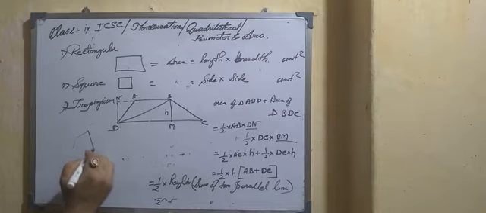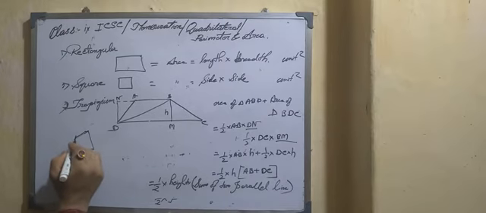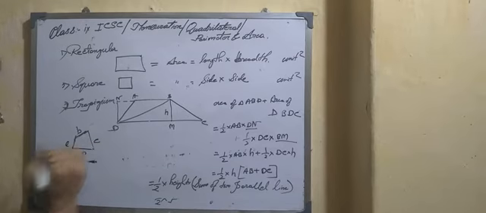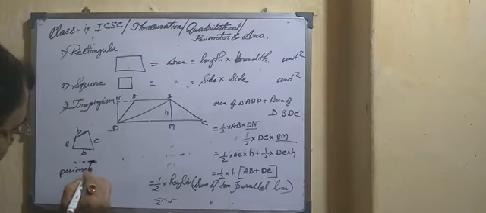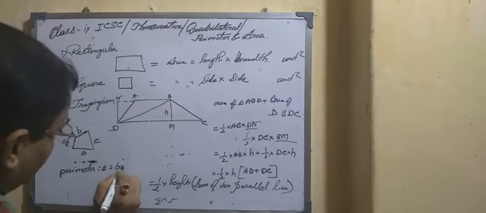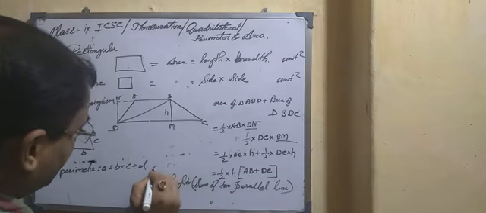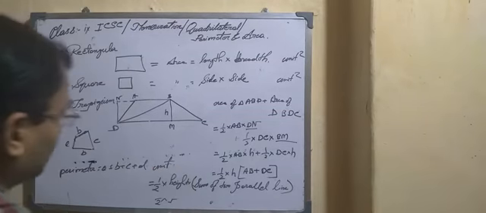That if this is a quadrilateral and the lengths of the sides are A, B, C, D, so perimeter will be A plus B plus C plus D unit. Okay.